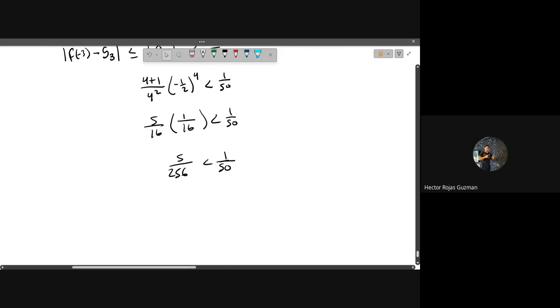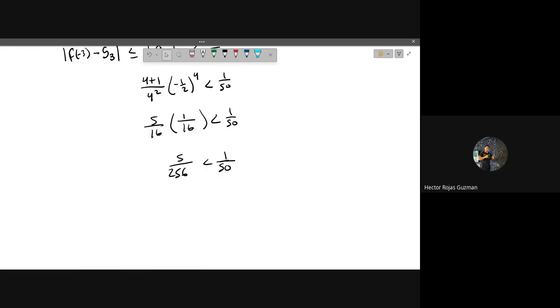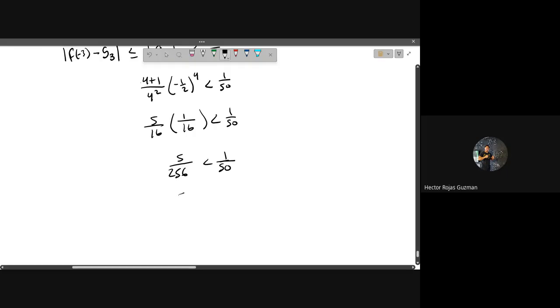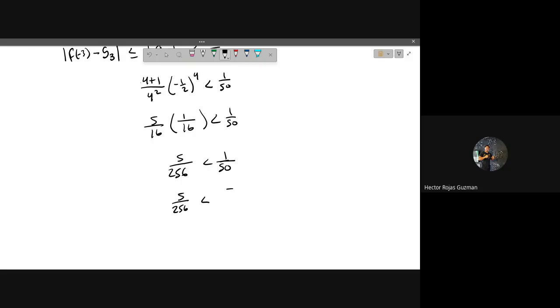And getting a common denominator is going to be hard. But to get a better comparison, you could multiply the smaller fraction by 5. 5 divided by 250 will give you a pretty good comparison, and it'll show you whether the error is less than 1 over 50. Yes, it is.